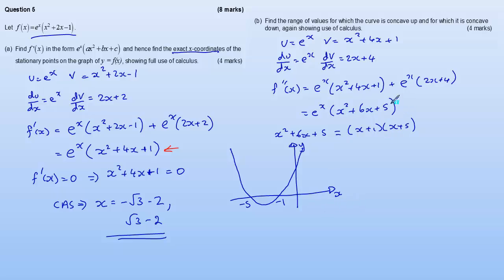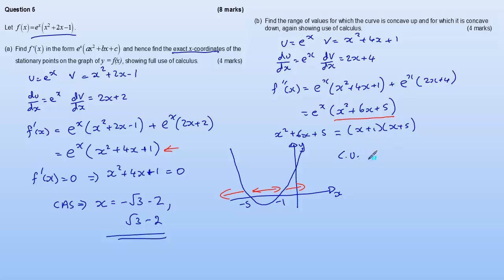So what we can say is that this is positive from negative 5 backwards and negative 1 onwards, and in between here it's going to be negative. So we know that positive means concave up.